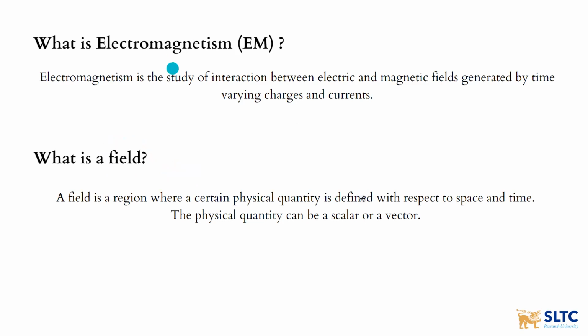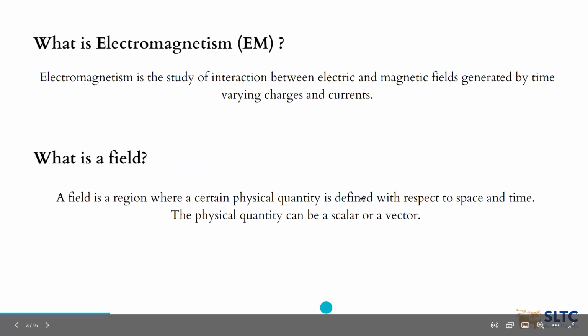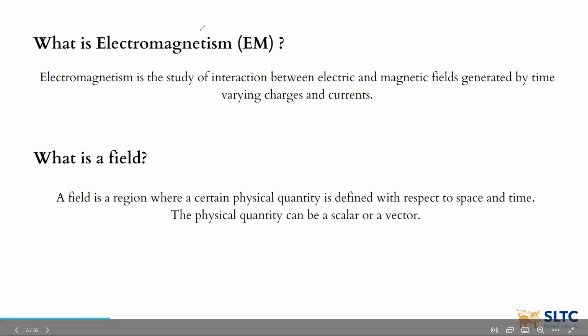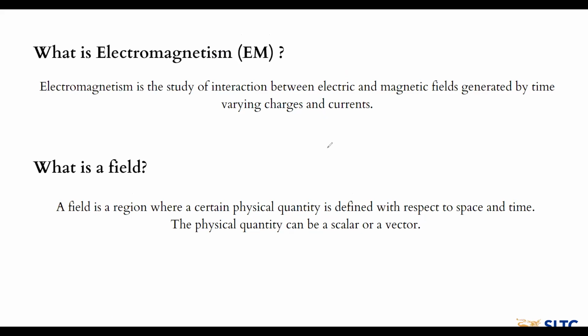Okay, so a field is defined as a region that has a certain parameter which has a certain magnitude and a direction if it is a vector field, and the total region we call a field, right?